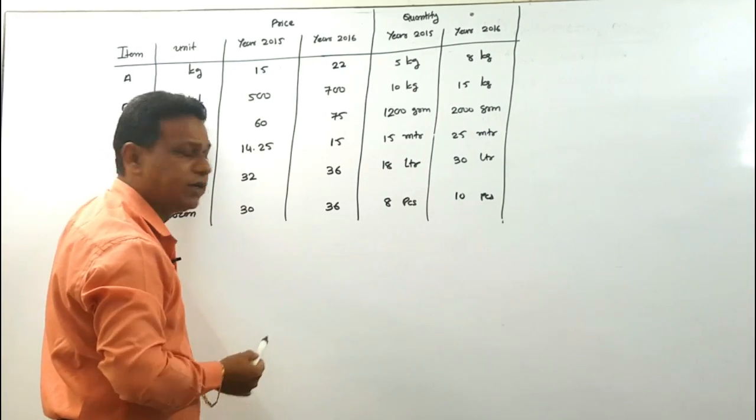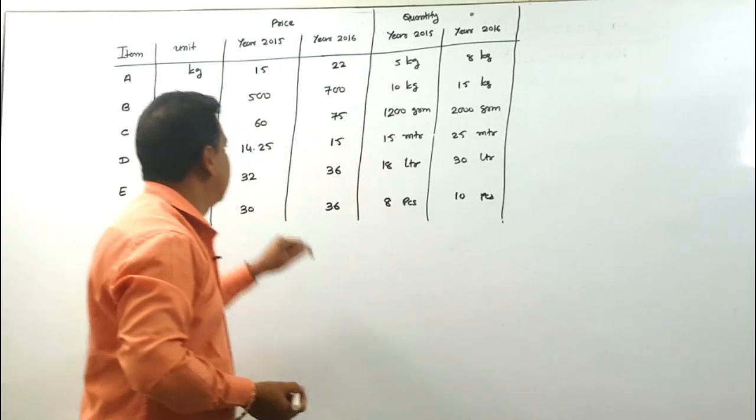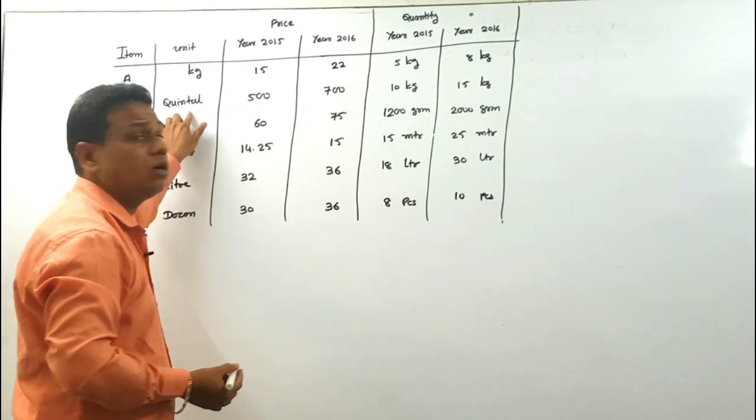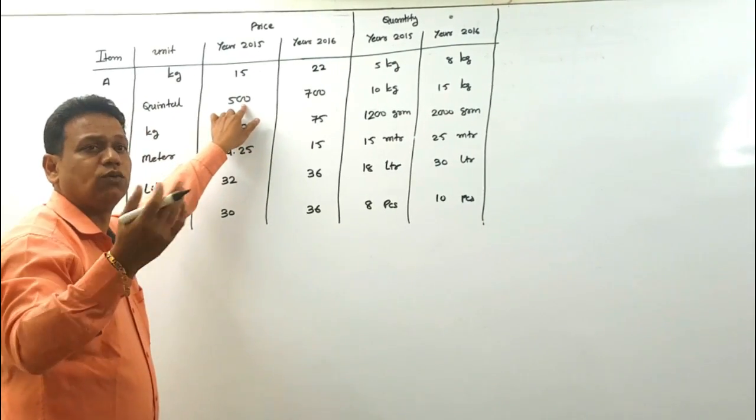That is uniformity. But the quantity is available in kilograms and the prices are about the quintal, so we have to convert the prices of quintal into kilograms.